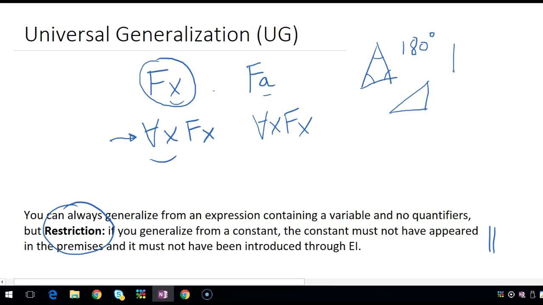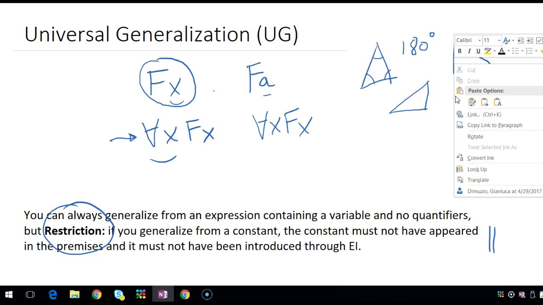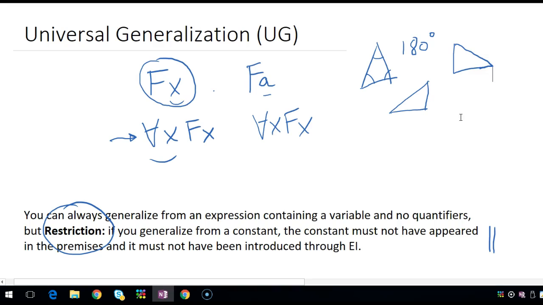You know, they wouldn't want to choose a triangle that has a right angle or that has sides of equal length or anything of that sort.